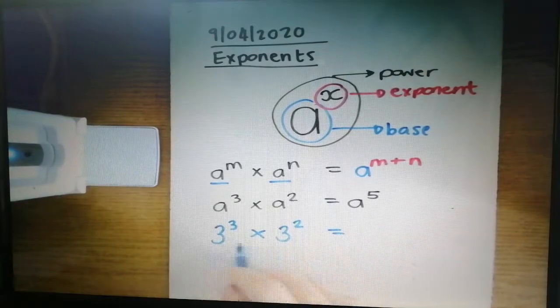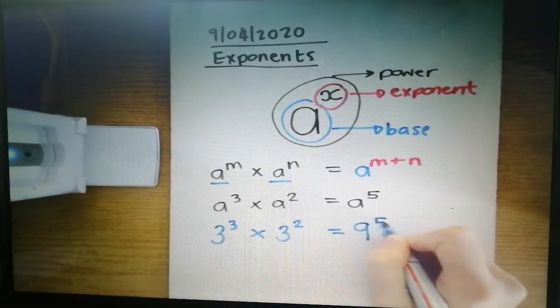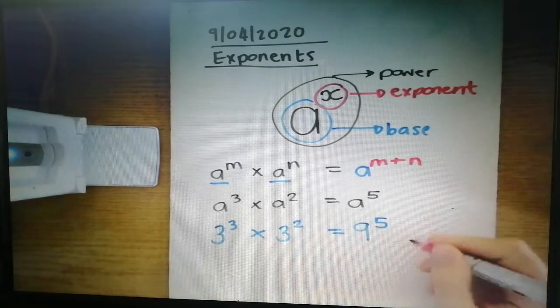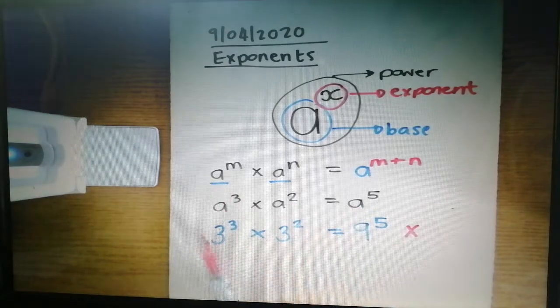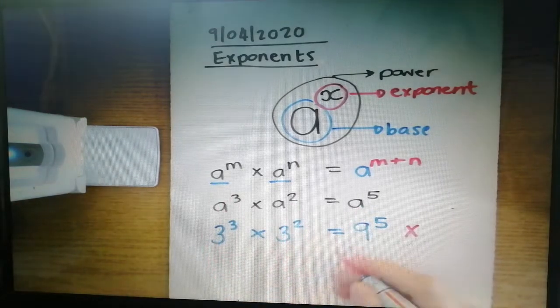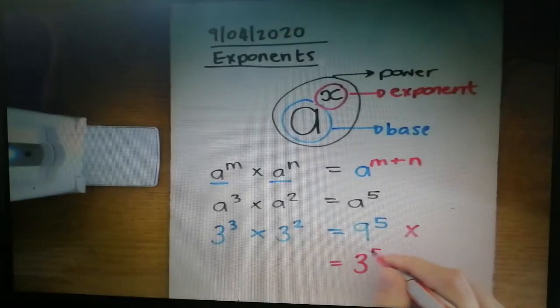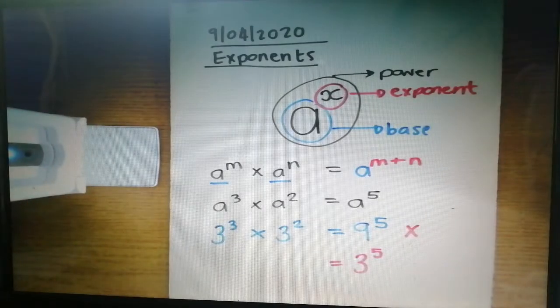And then the children tell me, okay, 3 times 3 is 9 to the power of 5. And this is wrong. This is not the right answer. The same law applies. You had the same base, so you keep the base, and I raise that to a power of 5. This is the right answer. So that's one common mistake that happens with that law.